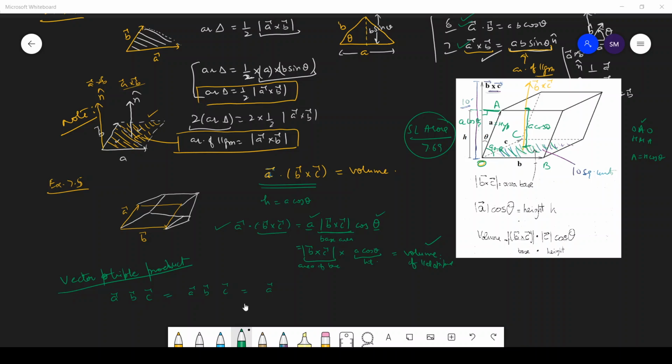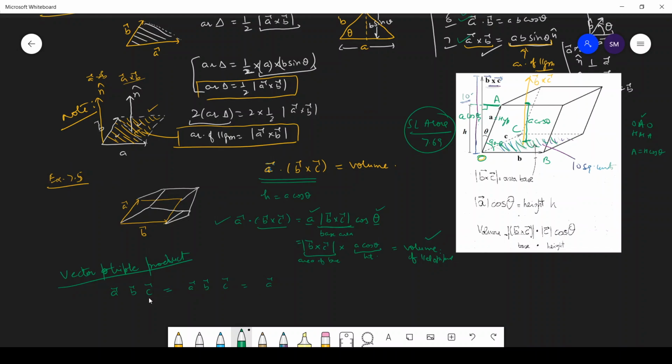The answer, the volume, is a scalar. So that's scalar triple product.